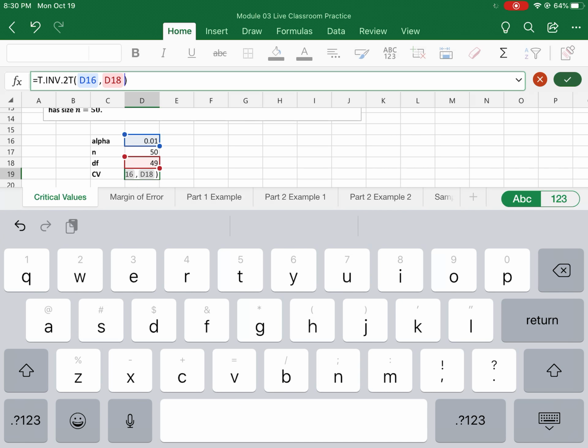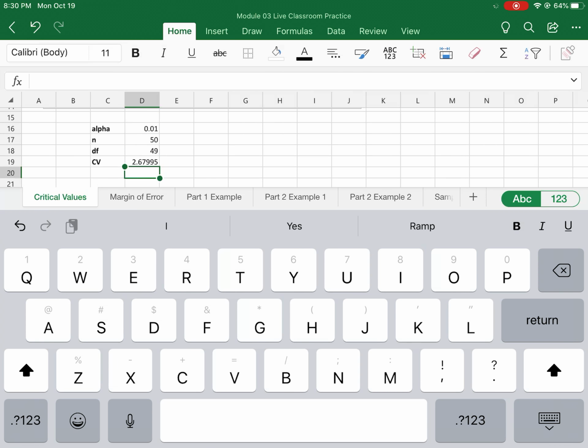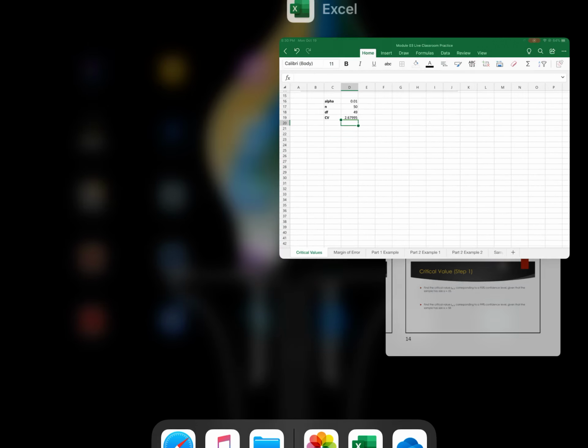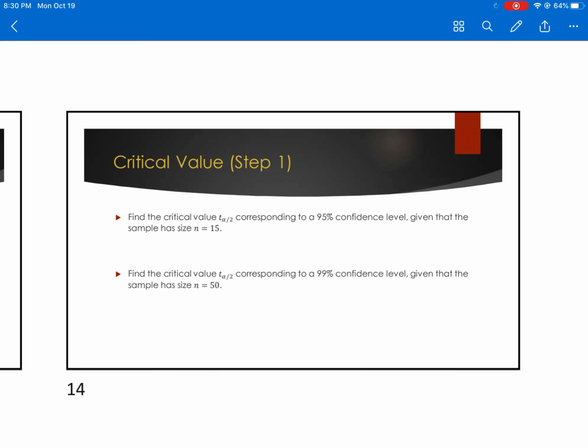Oop, and I think I just put in one too many parentheses. There we go. The nice thing about Excel is if you do make a mistake like you saw there, they'll let you know what you did. Okay, so hopefully you guys did well with that. Let's go ahead and go back to our slides. Okay, so again, we just did these two examples here on Excel.